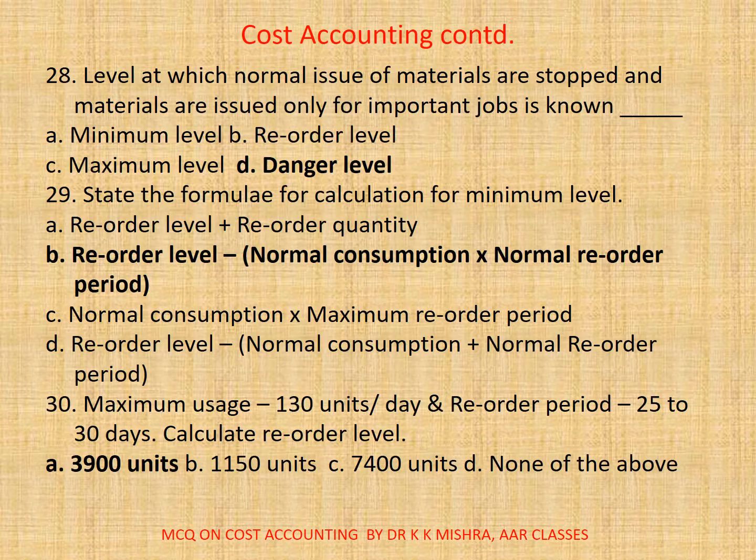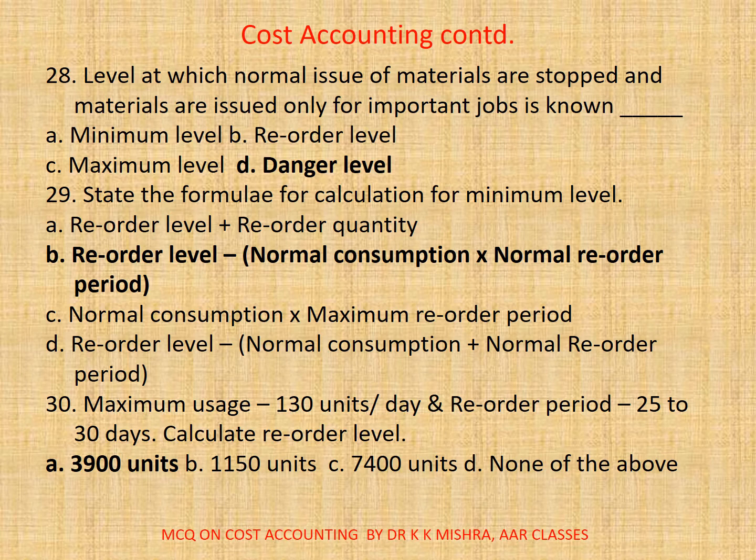12,000. 28. Level at which normal use of materials are stopped and materials are issued only for important jobs is known as. A. Minimum level, B. Reorder level, C. Maximum level, D. Danger level. Here correct option is D. Danger level. 29. State the formula for calculation of minimum level.